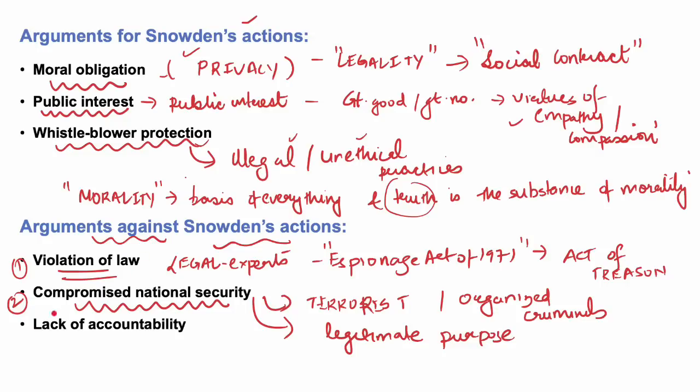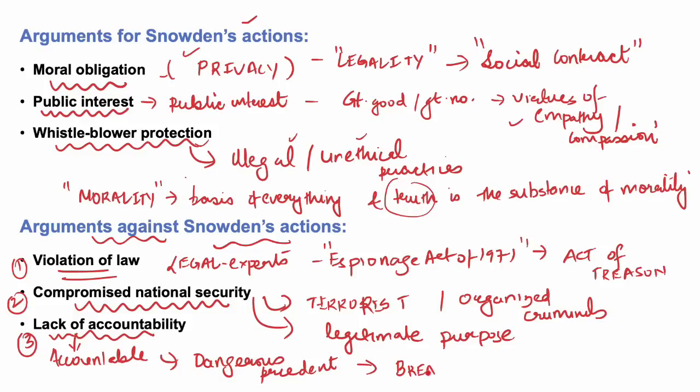And the third argument against Edward Snowden's action was the lack of accountability on his part. The whistleblowing activity which he has conducted means that Edward Snowden must be held accountable for his action, as this will set a dangerous precedent wherein anyone could break the law, feeling that they have the moral obligation to do so.